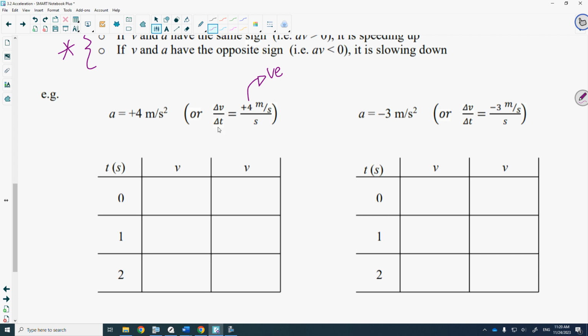It means the velocity is increasing 4, so it's going up 4 meters per second every second. So an acceleration of 4 meters per second squared means that the velocity is increasing 4 meters per second every second.